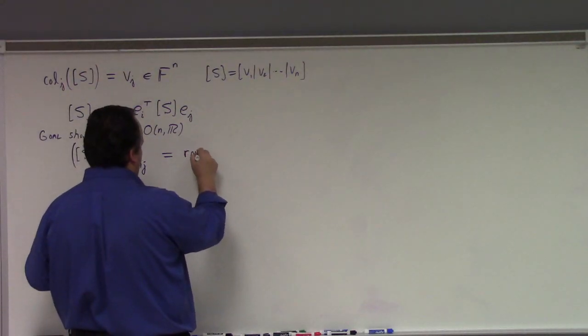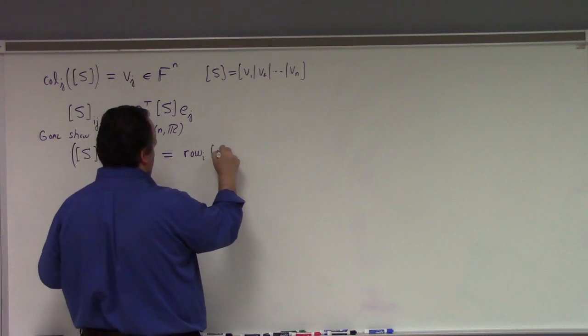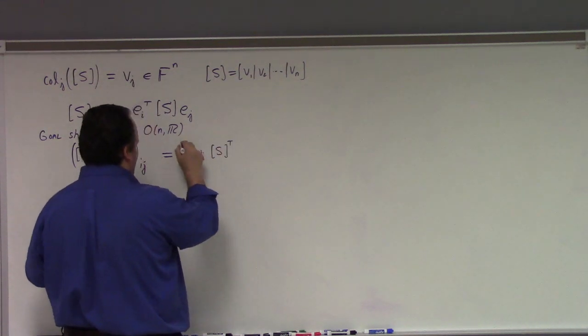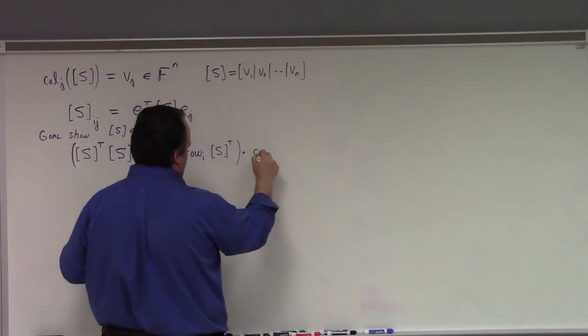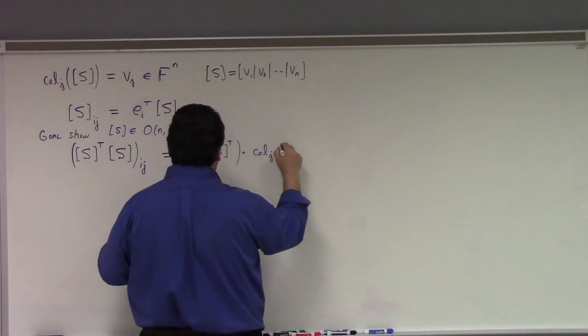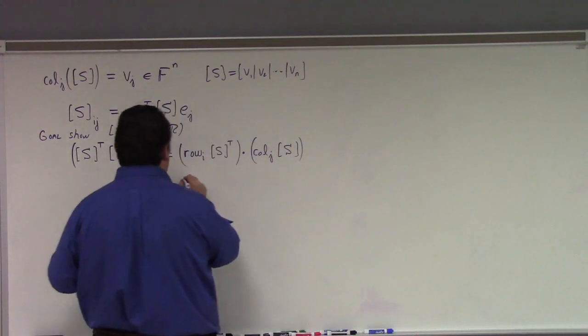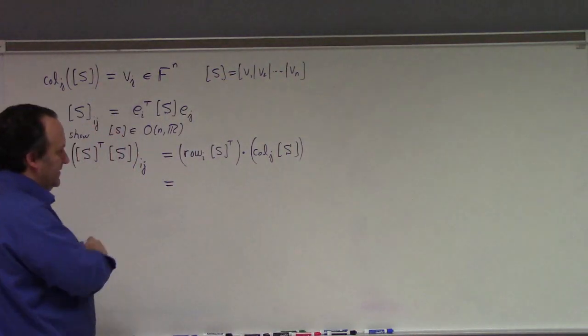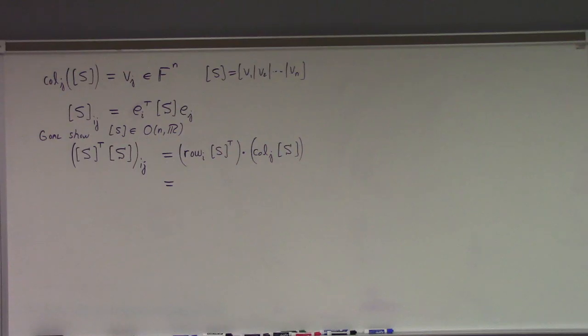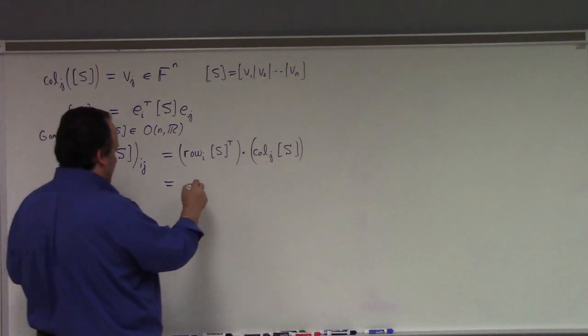So row i of S transpose dotted with column j of S. But what is the ith row of the transpose of S? The ith column of S. Exactly.